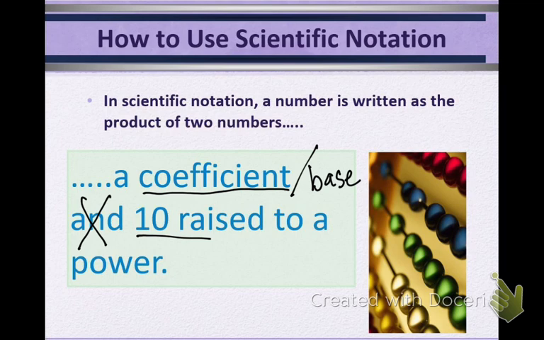So the format is some number multiplied by 10 with some exponent on that 10. That's your basic format for all scientific notation. And then there are some details that come along with that.